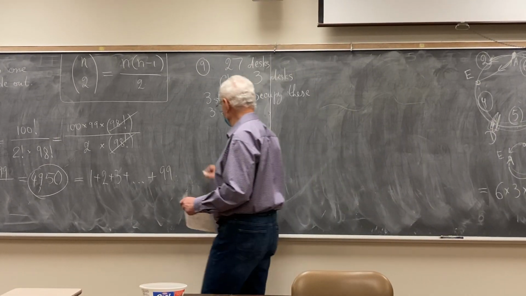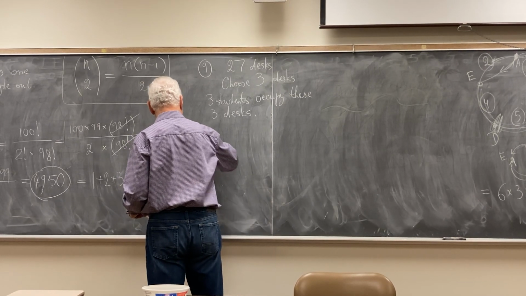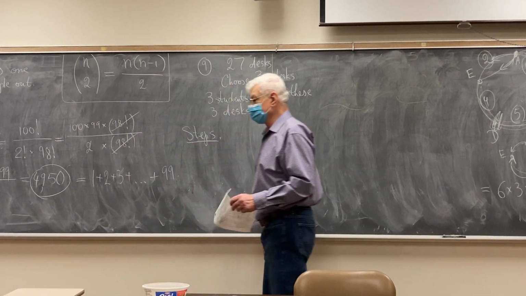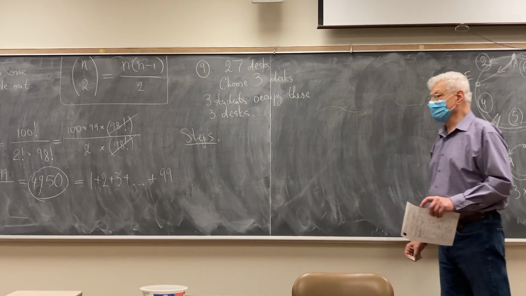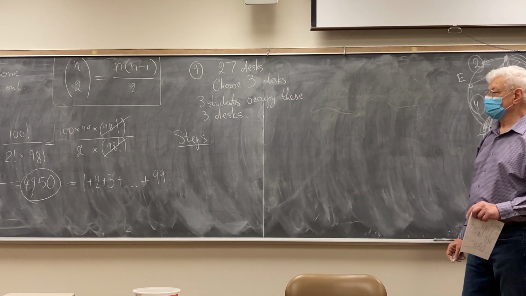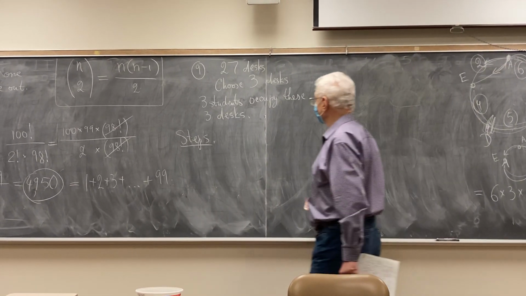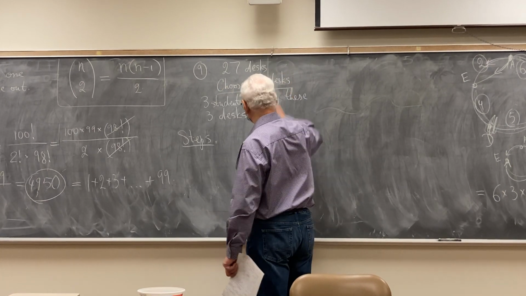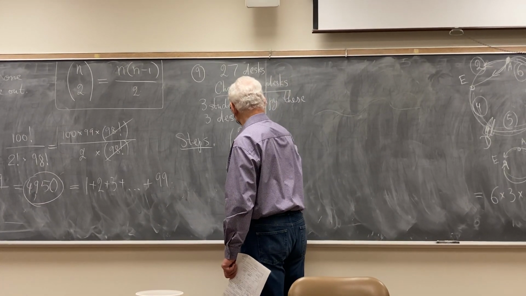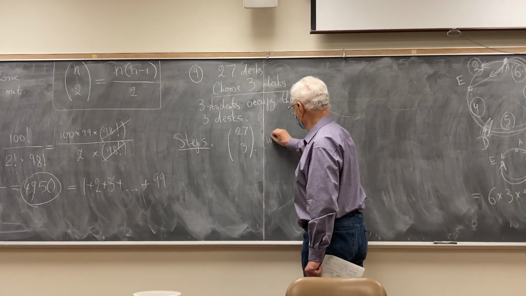So, 2 steps. First step, without order: choose 3 desks. It's 27 choose 3 ways.